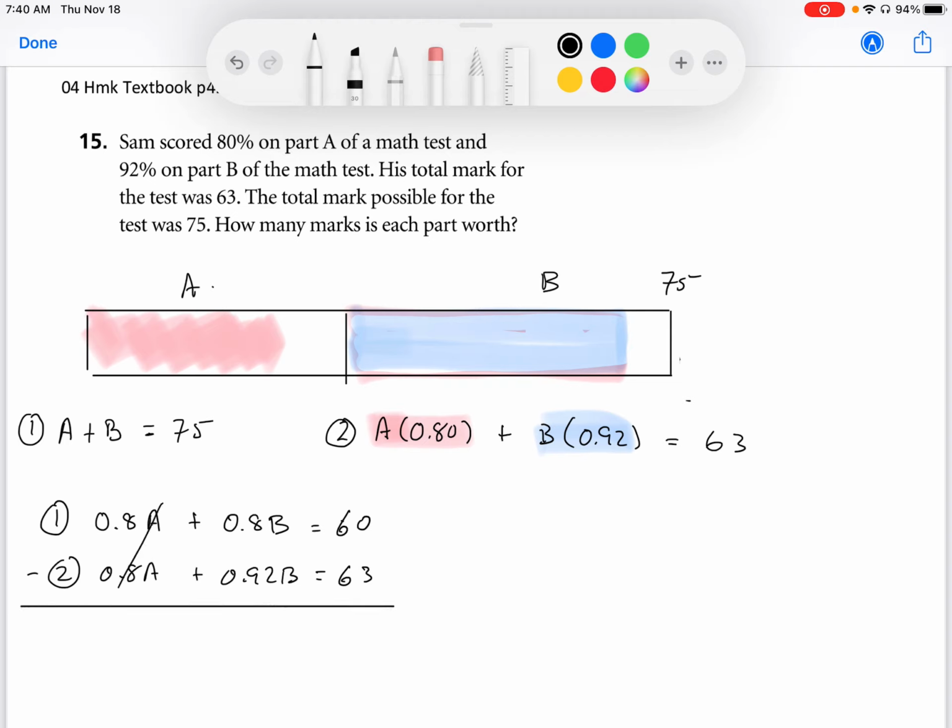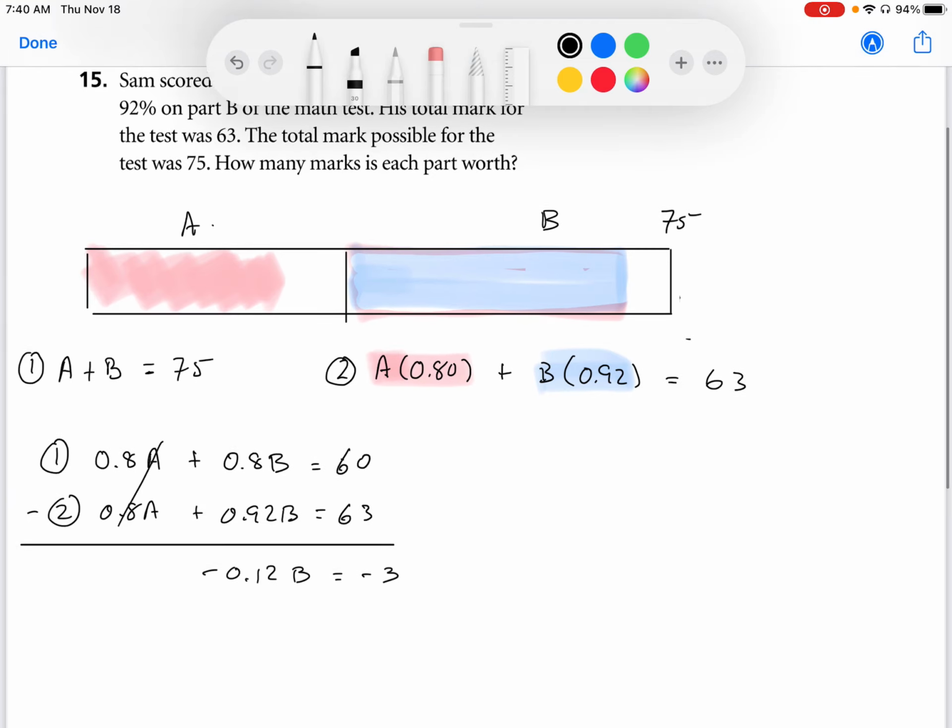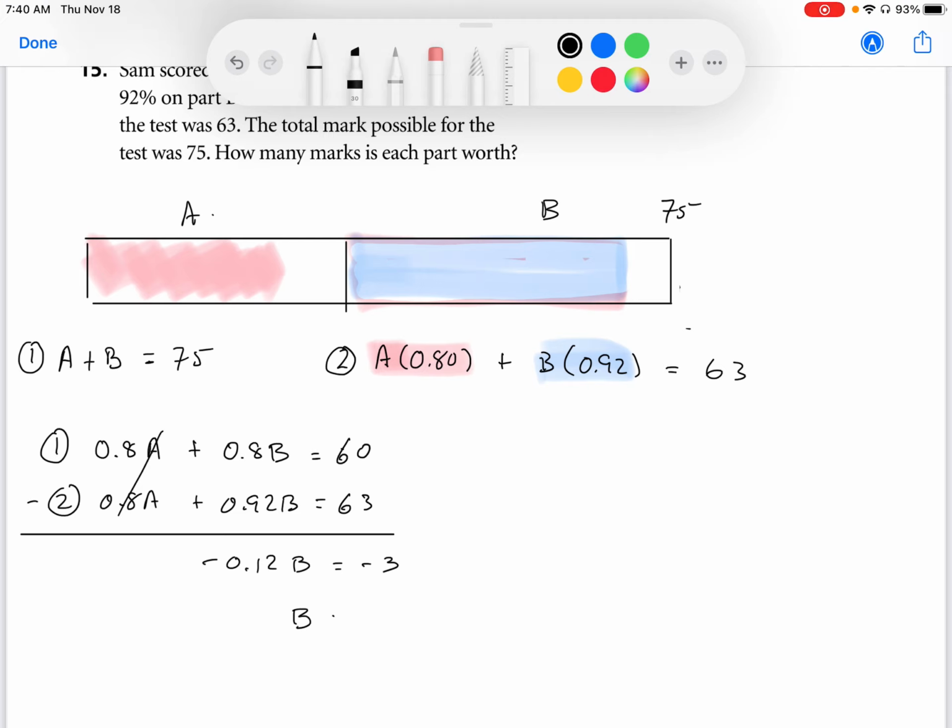So the a's cancel out. 0.8 minus 0.92 gives me negative 0.12 b's. That's going to give me negative 3. Okay, and if I divide negative 3 by 0.12, I'm going to end up with 25 marks for part B. Okay, so that represents one of the solutions.